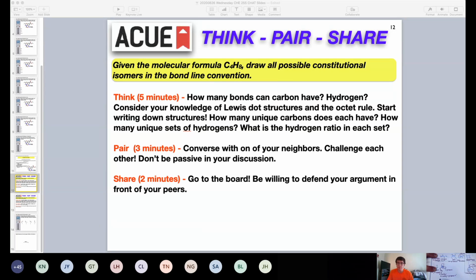If I did it the other way, it would be 2-methyl-2-propene. And as Aiden pointed out, the alkene takes precedence, so it should have the lower number. Again, I don't expect you to know this for exam 1. I'm giving you a preview of everything you're going to learn over the course of this semester.